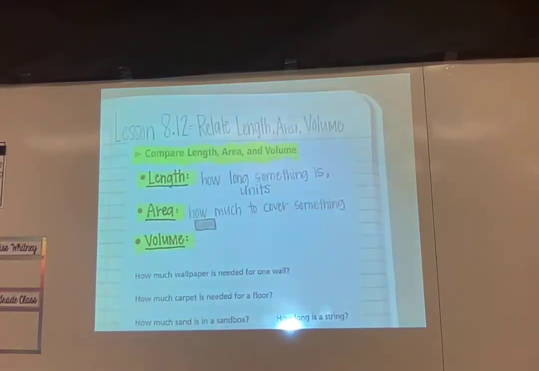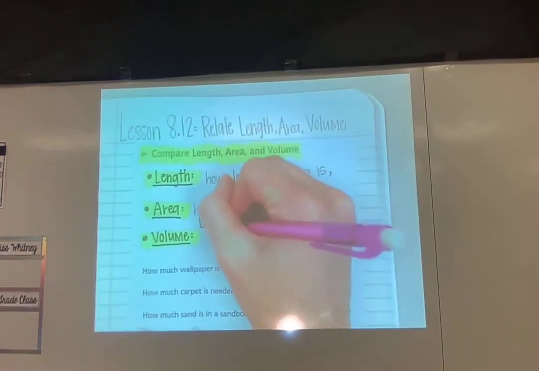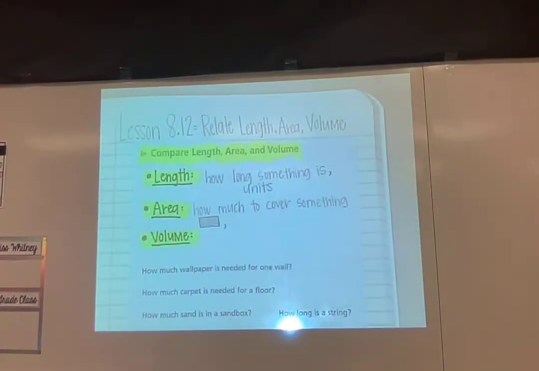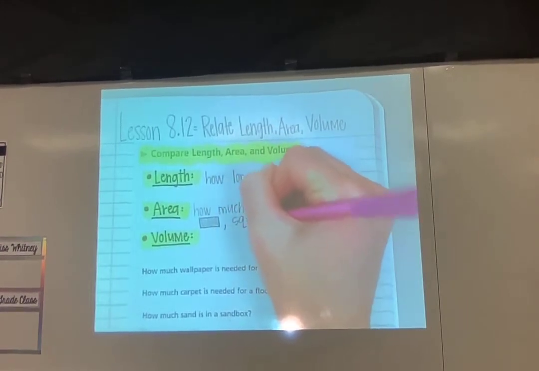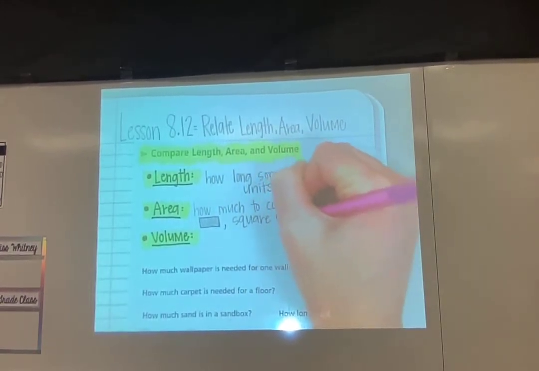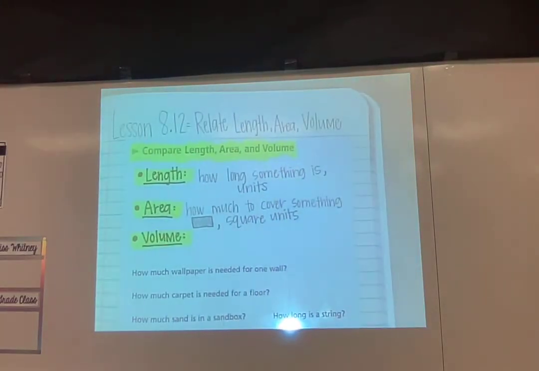And remember, that's a flat shape. So area measures how much it takes to cover a flat shape. When I'm doing area, I have a special label. I have to say square and then whatever units that I'm using. So square centimeters, square inches, whatever it might be.